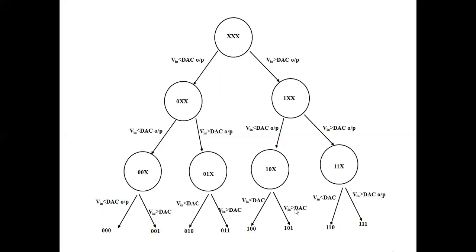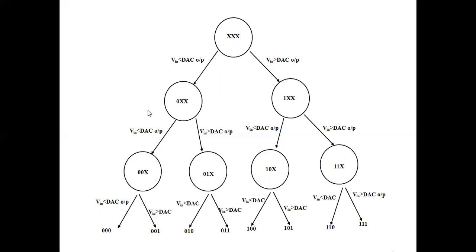If the input voltage is greater than the digital to analog converter output, then the third bit will be set to 1. If it is less than the DAC output, then the third bit will be set to 0. In the same way for the third bit comparison, if the input voltage is less than the DAC output, the third bit will be set to 0, and if it is greater, the third bit will be set to 1.